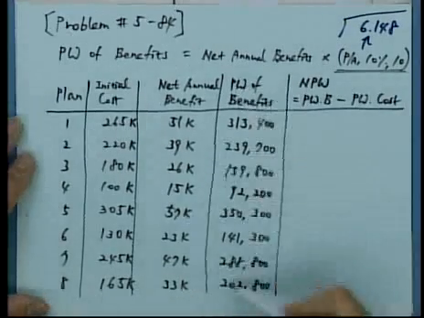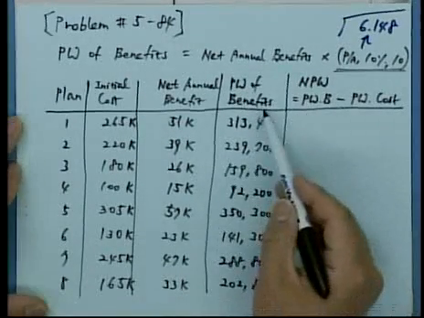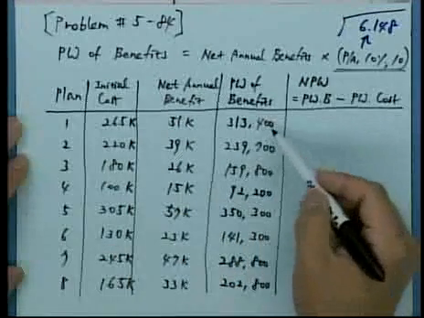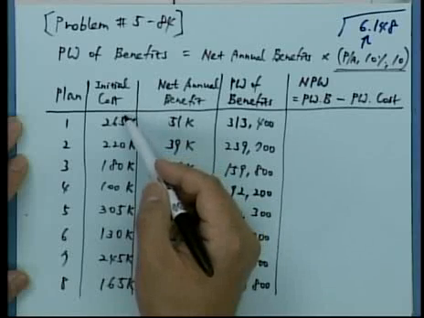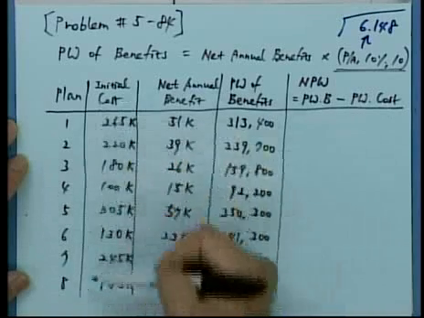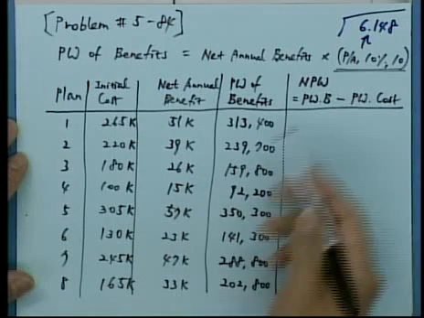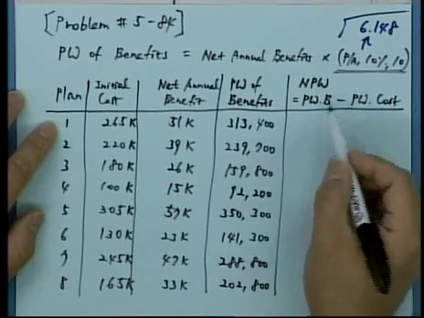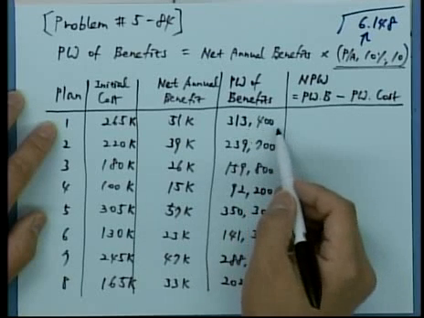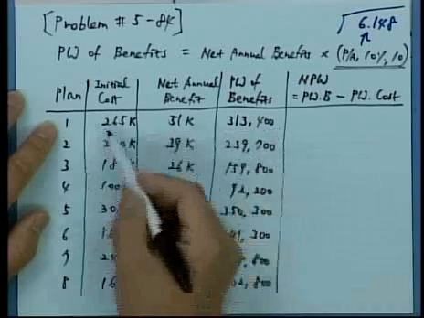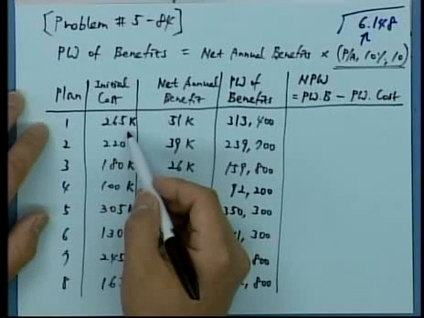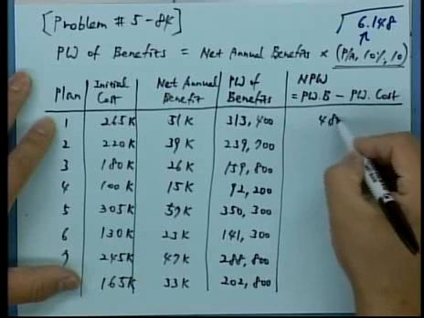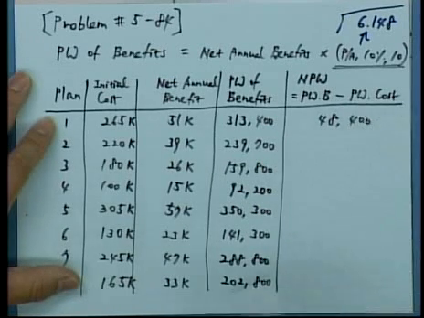So here we already got the values for present worth of benefit for each of these plans, and here present worth of cost is given already. So here net present worth for plan number 1 would be obtained by 313,400 minus 265,000. Okay. So that's going to be $48,400.